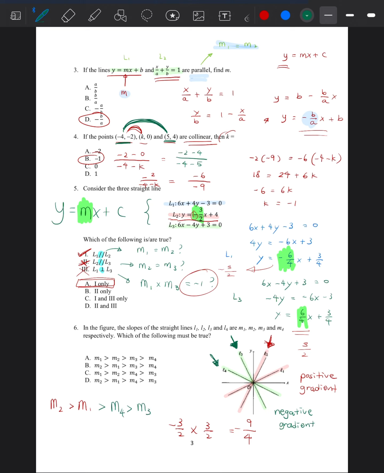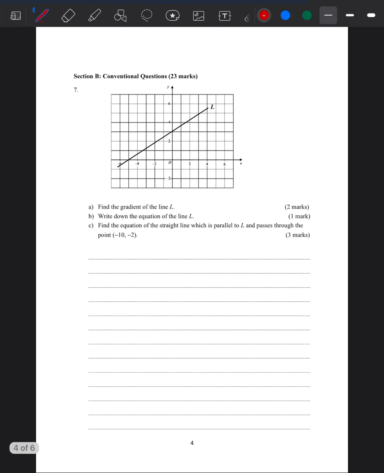So M4 is greater than M3. And of course, the negative gradient is always smaller than the positive gradient. So when we look at what we wrote and compare to the choices, you can see that D is your answer here. So this is all about the multiple choice.